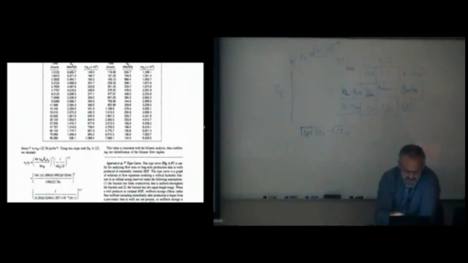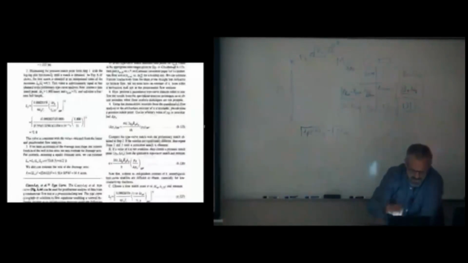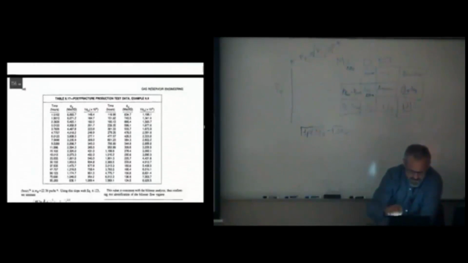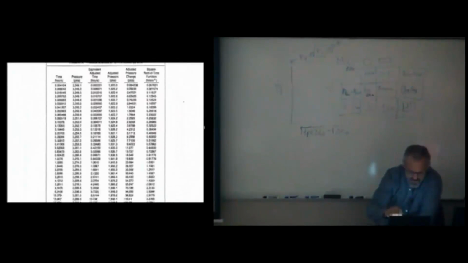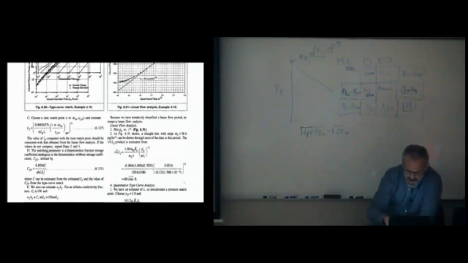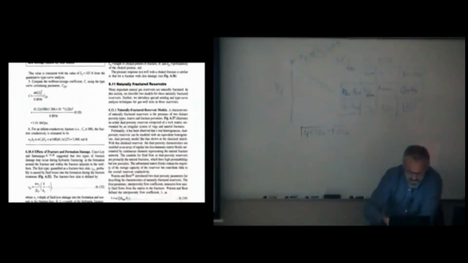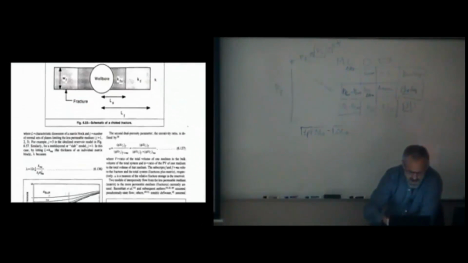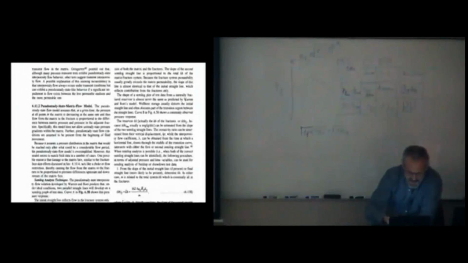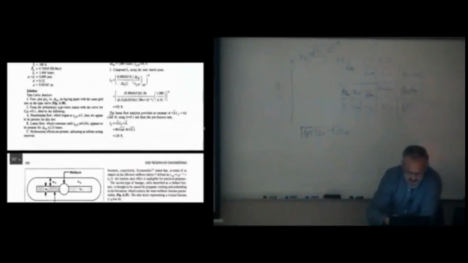Let's see if the table doesn't have our match points. Table 6.11. What page? I don't know. Okay. Cut and pasted it. I think there's another table just for match, we want the linear flow table. Obviously, I'm nowhere close.